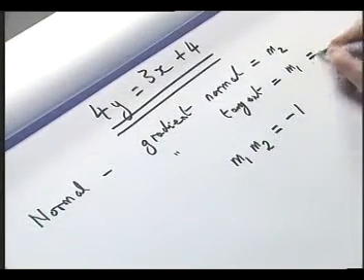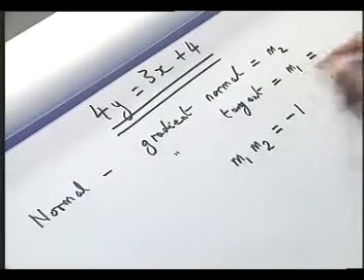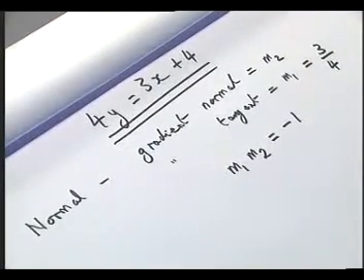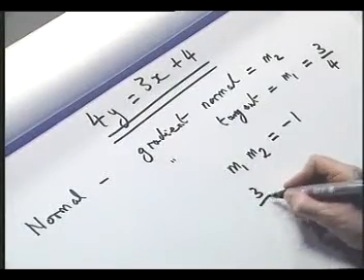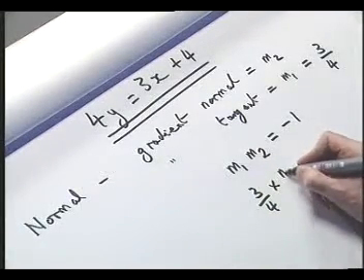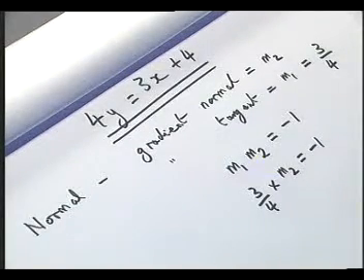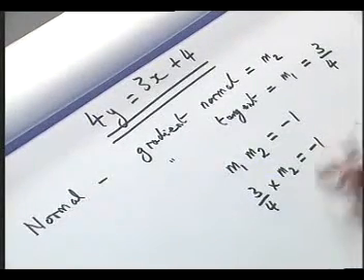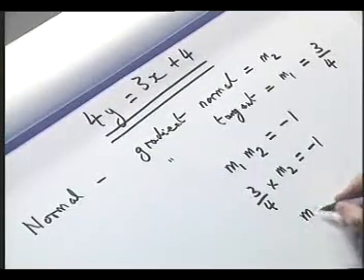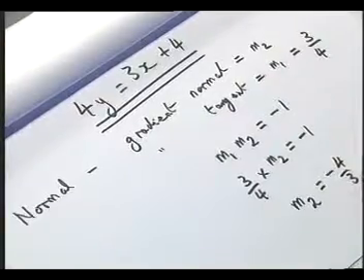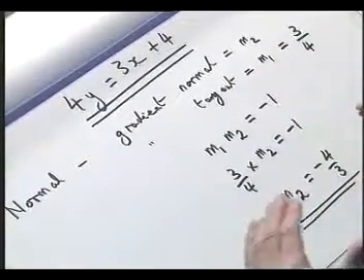Now we do know what the value of m1 is. We do know the gradient of the tangent is 3/4. So if we put that into here, 3/4 times m2 is equal to -1. So if we multiply up by the 4 and divide by the 3, we get m2 is equal to -4 over 3. And so now we know the gradient of the normal.